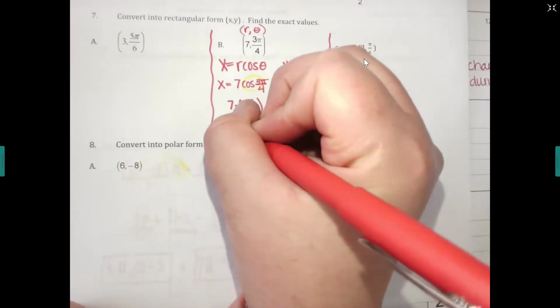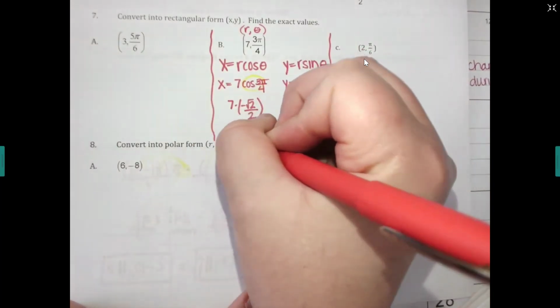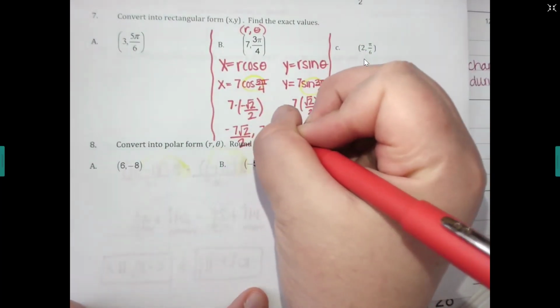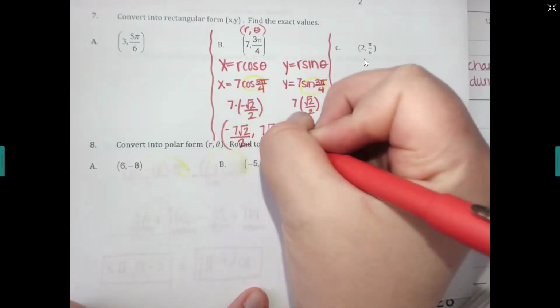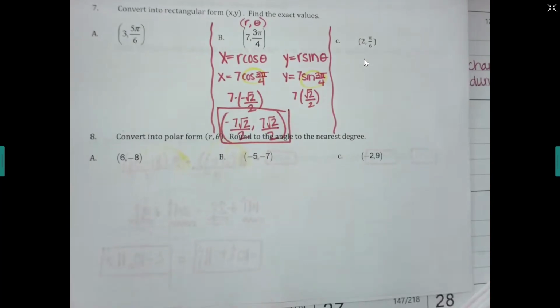But I'm just going to leave it like this. That's my x, and then this is my y. And that would be your answer. But normally you would divide these. The problem is that for us, the 7 just can't fully divide by the 2. So I'd just leave it as a fraction.